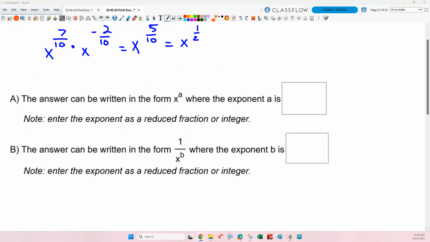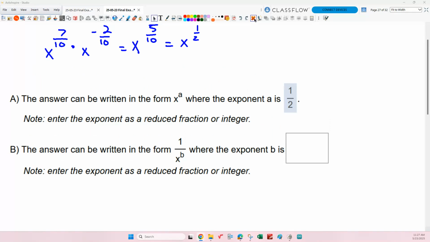Do we know what makes an exponent go in the denominator? If it's negative, yeah. So is our exponent negative? So it's just A, with that 1/2.